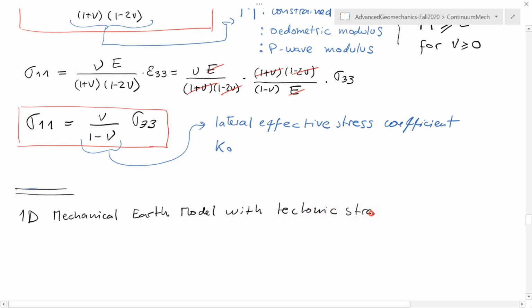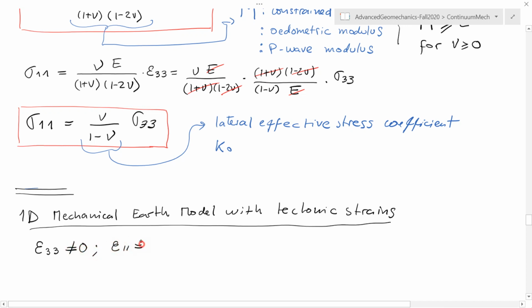In this case, I'm going to relax two of my assumptions: epsilon 3,3 is going to be different than zero, and the horizontal strains are also going to be different than zero. The shear strains I will still keep equal to zero.